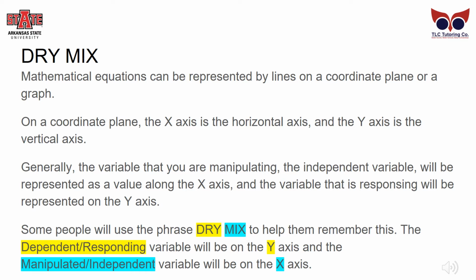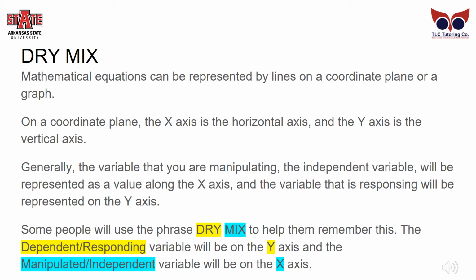DRY MIX. Mathematical equations can be represented by lines on a coordinate plane or a graph. On a coordinate plane, the x-axis is the horizontal axis, and the y-axis is the vertical axis. Generally, the variable that you are manipulating, the independent variable, will be represented as the value along the x-axis, and the variable that is responding will be represented on the y-axis.